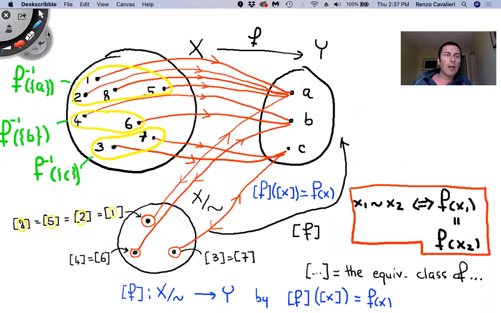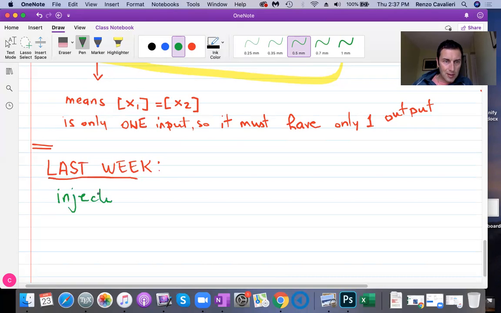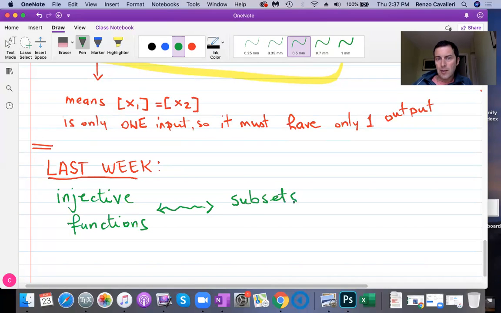Okay, so if you remember last week, we said injective functions are essentially the same concept as subsets, right?